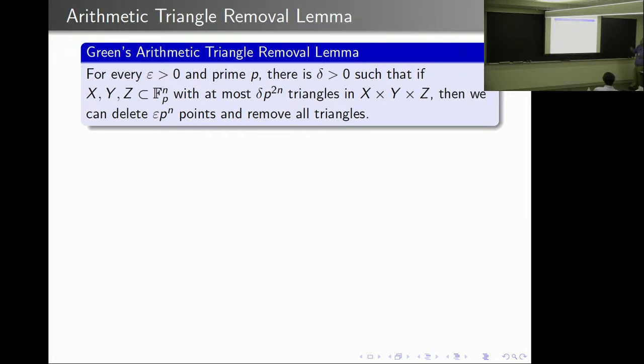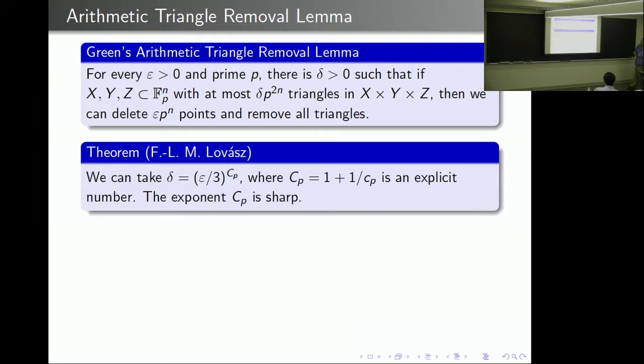So there were lower bound constructions that were all polynomial, but it was unclear what the right bound should be. And then last year, with Laszlo Miklos Lovasz, who just finished up his PhD with me, we proved that indeed the bound is polynomial, and we can even determine the exponent.